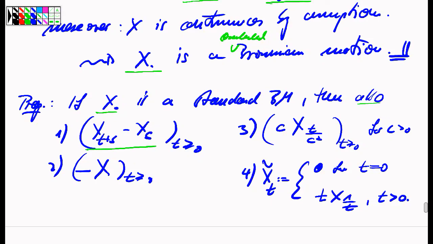First, x_{t+s} minus x_s for t greater or equal to 0. So you restart time at a later moment of time if you subtract the position that was assumed by the process at time s. Then this new process is again a standard Brownian motion.